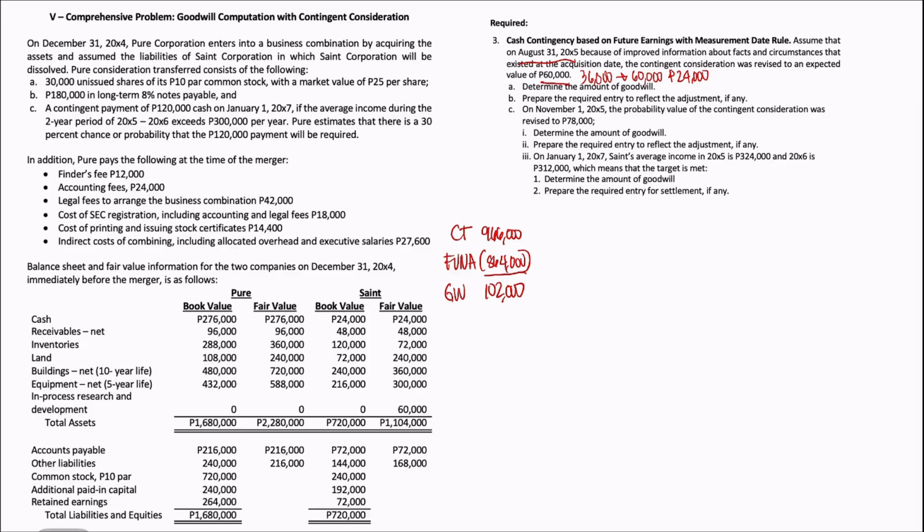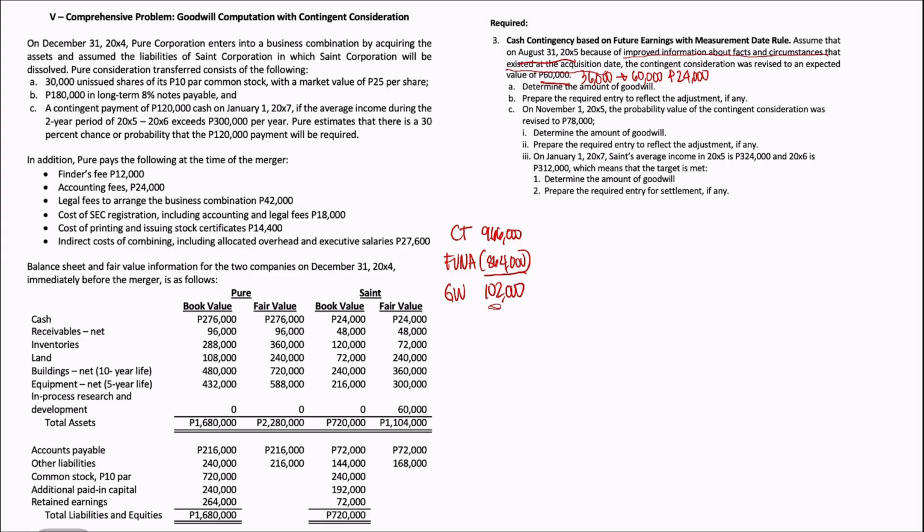Now, because the change is due to improved information about facts and circumstances that existed at the acquisition date, the change is adjusted to goodwill. Previously, we have computed goodwill to be $102,000.